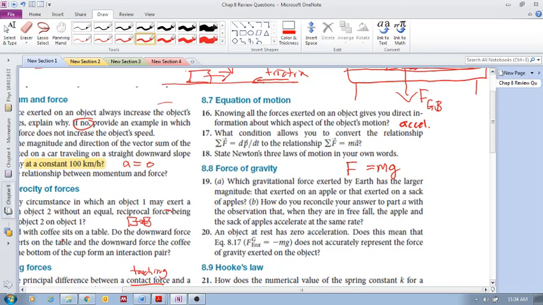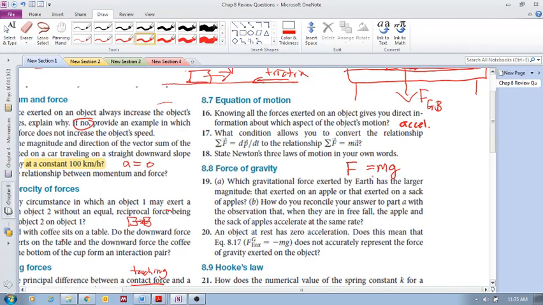Okay, that's nice. What about B? How do you now reconcile your answer in part A with the observation that when they are in free fall, the apple and the sack of apples have the same acceleration?